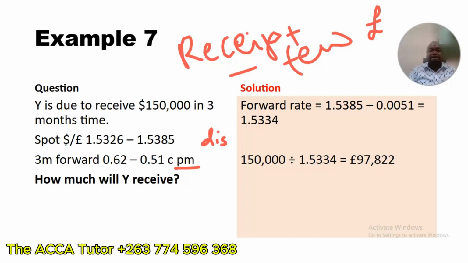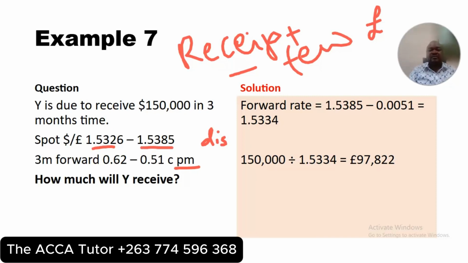So which 3 months forward are we going to pick before we do any adjustment? Shall we pick the first one, or which rate shall we adjust? Remember, we need to adjust the spot rate with the premium so that it becomes the forward rate. So which spot rate between the two shall we pick?